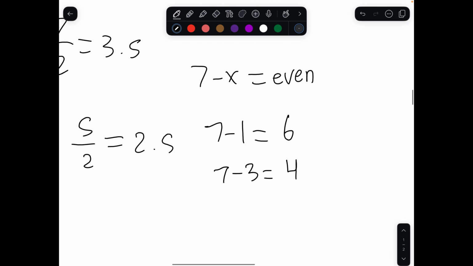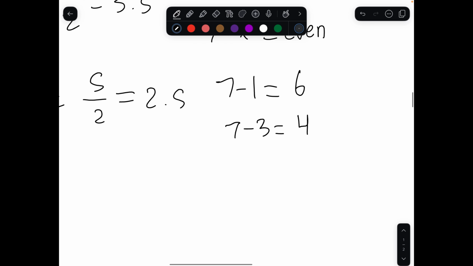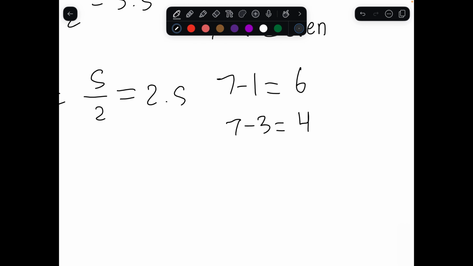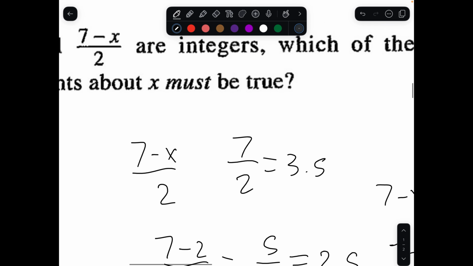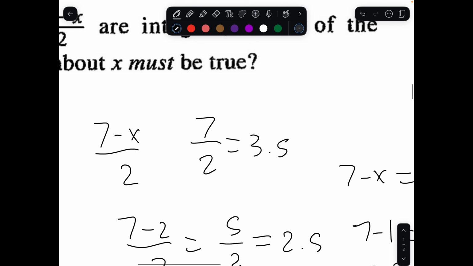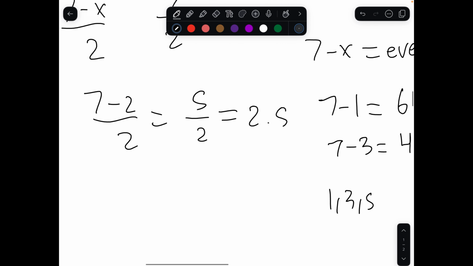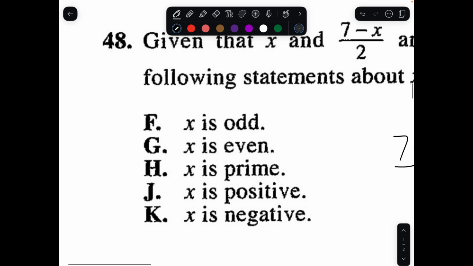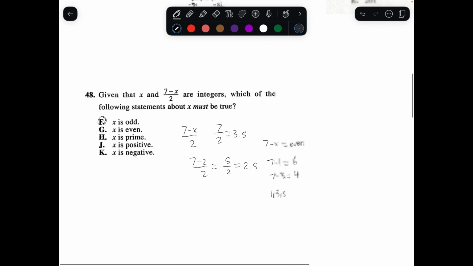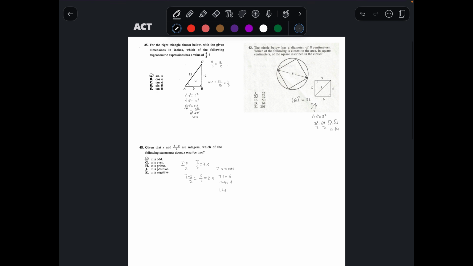That's also an integer. So the thing to notice is that whenever x is odd, 1, 3, 5, then you're going to get an integer. So that means x has to be odd, which matches F. I hope my explanations made sense, and thank you for watching.